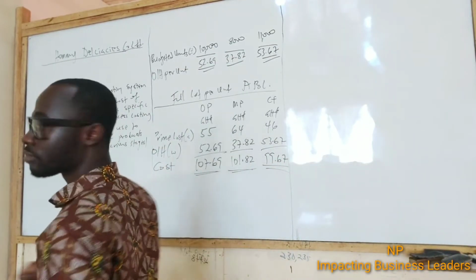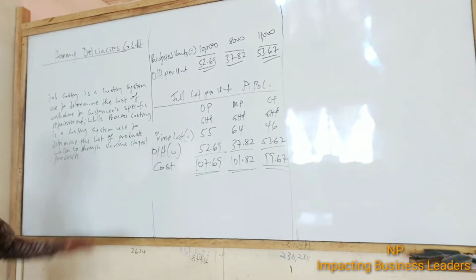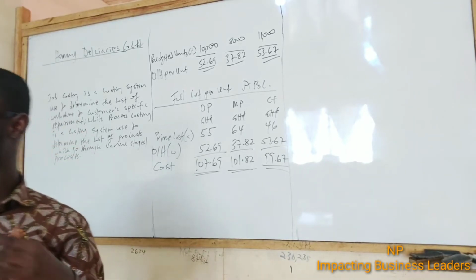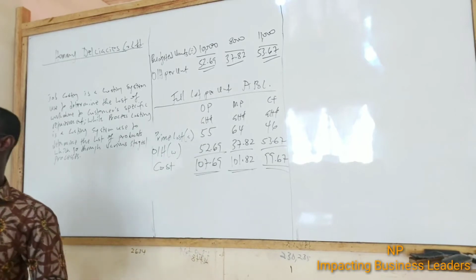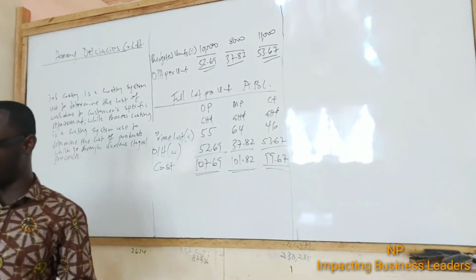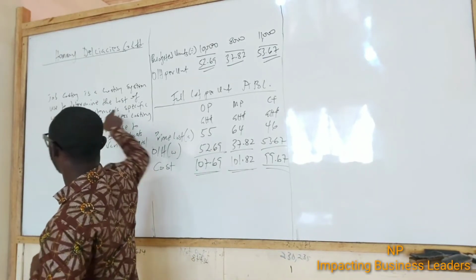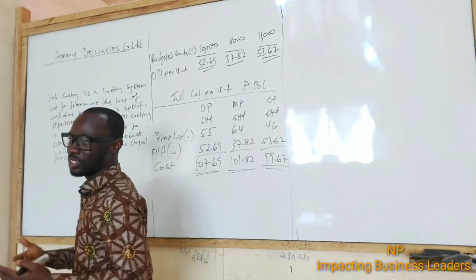An example of job is the breweries. No, brewery is process. Job is tailor, fashion designers, carpenter. Tailor, seamstress is job costing because it's to the customer's special requirement.